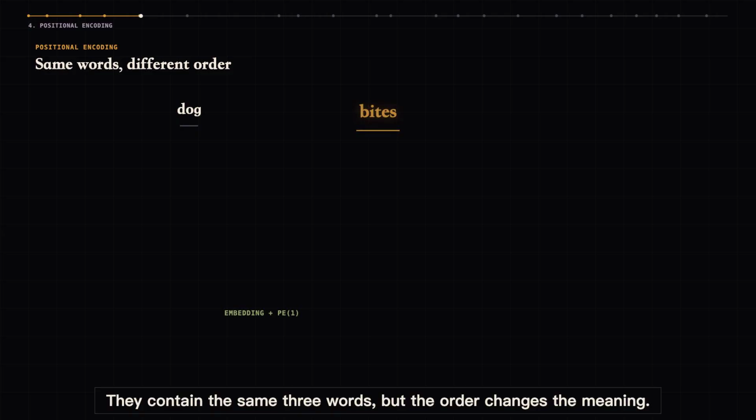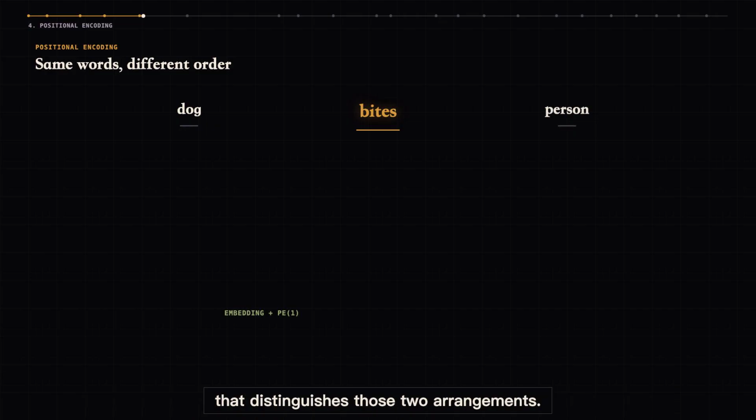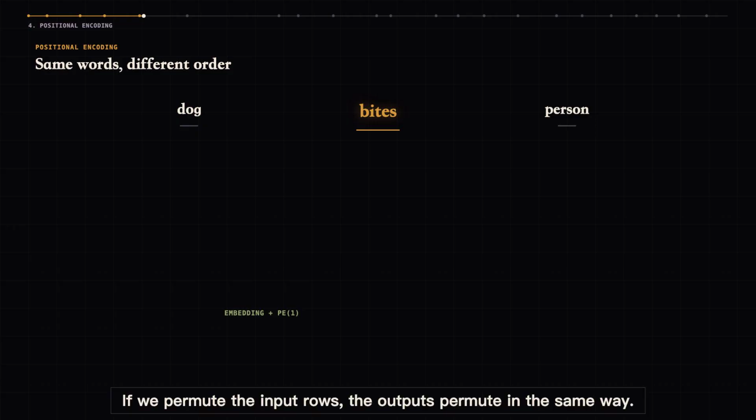They contain the same 3 words, but the order changes the meaning. Without position information, self-attention has no position-specific signal that distinguishes those 2 arrangements. If we permute the input rows, the outputs permute in the same way. The operation sees token content and pairwise similarity, but no absolute or relative order unless we provide one.